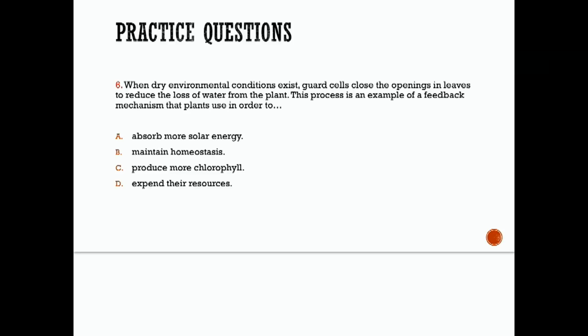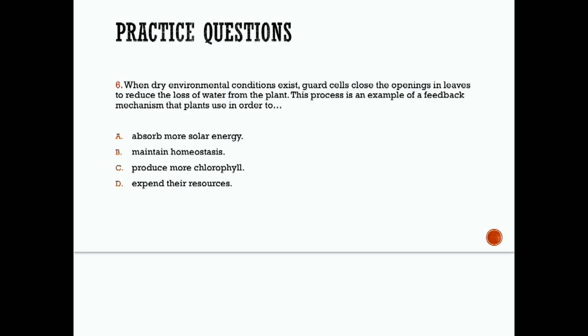Last question, number 6. When dry environmental conditions exist, guard cells close the openings in leaves to reduce the loss of water from the plant. So that's cool. This process is an example of a feedback mechanism that plants use in order to what? To absorb more solar energy, to maintain homeostasis, to produce more chlorophyll, or to expend their resources.